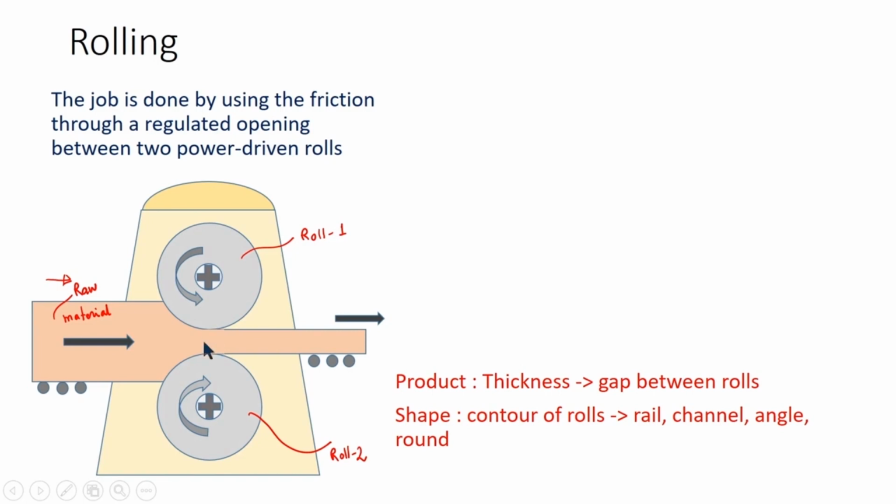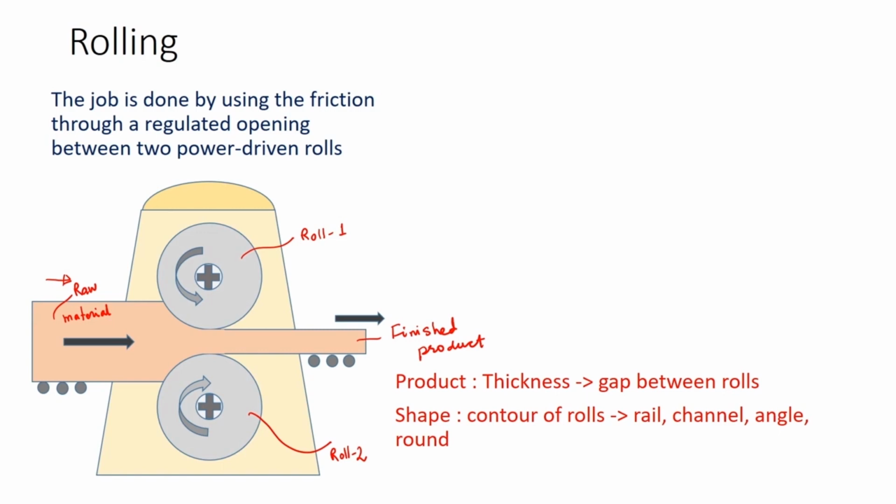The rolls pull the material inside and apply compressive forces. These compressive forces generate friction, and then this leads to plastic deformation, that is, a reduction in the thickness of the raw material. At last we get the finished product with reduced thickness.